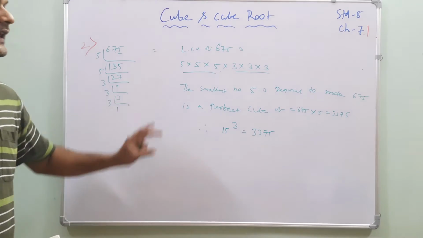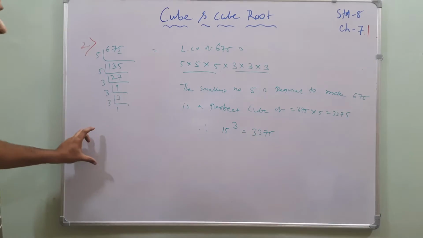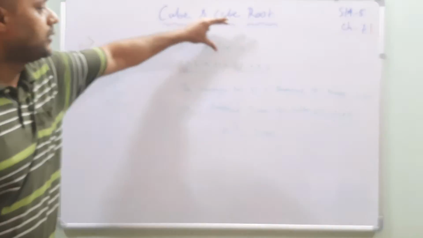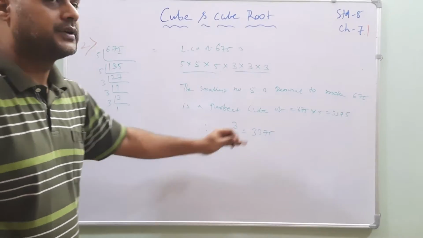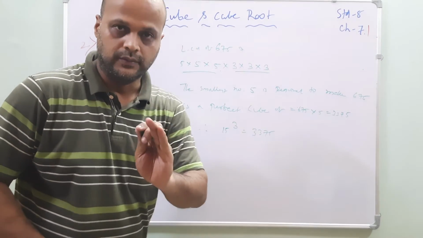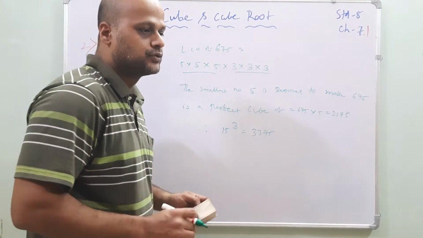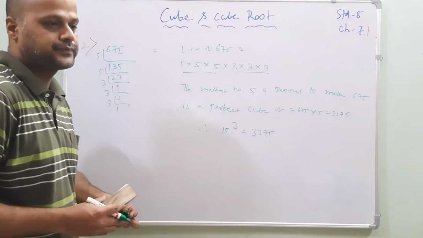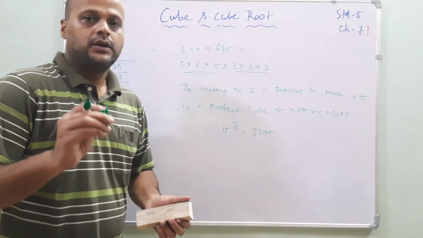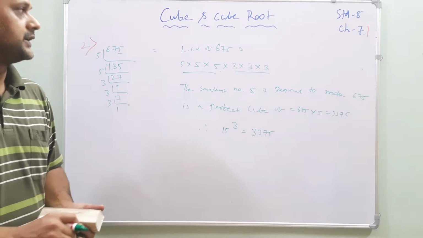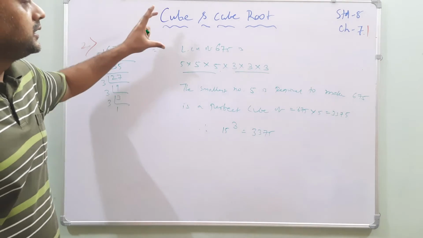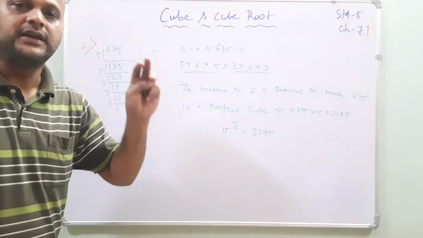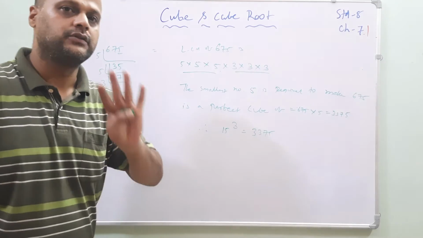Okay my dear friends, like this manner you have to write. First find the LCM by the prime factorization method and you have to write what is the smallest number required to make that number a perfect cube. Remember, think about making groups of 3 first, so that you can write the statement.